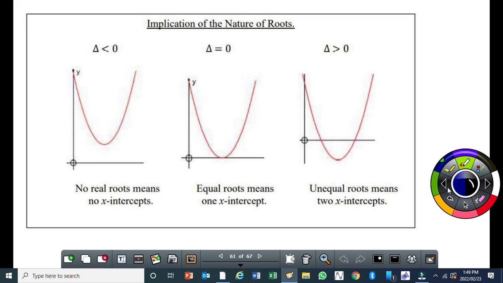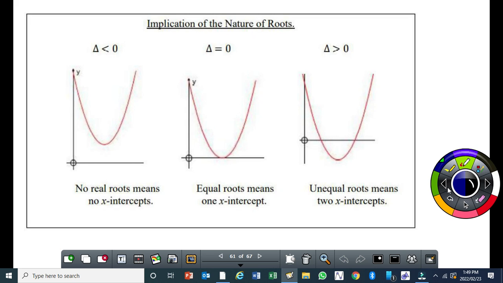Of course, you encountered a situation where the value of a was negative and the maximum turning point was above the x-axis, but it was touching the x-axis. So you can have the turning point above the x-axis or below the x-axis. If you get any of those two scenarios, it means there are no roots.